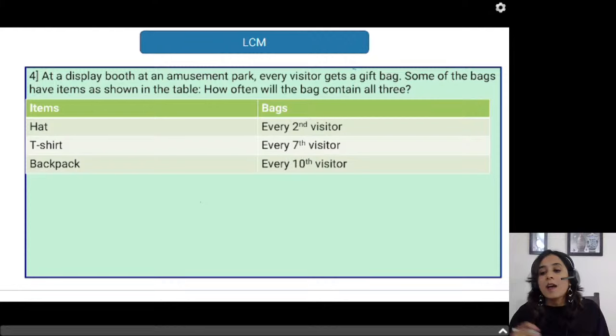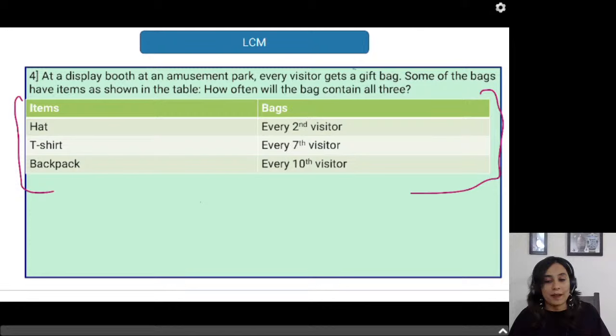So we have people who are going to an amusement park and everybody gets a bag and there is a gift inside the bag. So now this is the list of the gifts that are there inside the bag. Every second visitor gets a hat, every seventh visitor gets a t-shirt, and every 10th visitor gets a backpack.